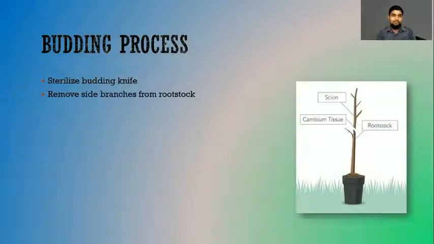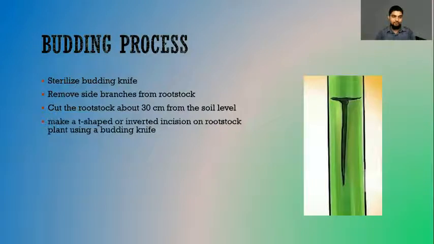Then you remove the side branches from the rootstock. So the rootstock is the root. So you remove the side branches from the rootstock and you cut at the top of the rootstock. So you leave about 30 cm of the rootstock, 30 cm from the soil, and you remove the top layer of the rootstock. A T is then made, or we may have an inverted T as well.